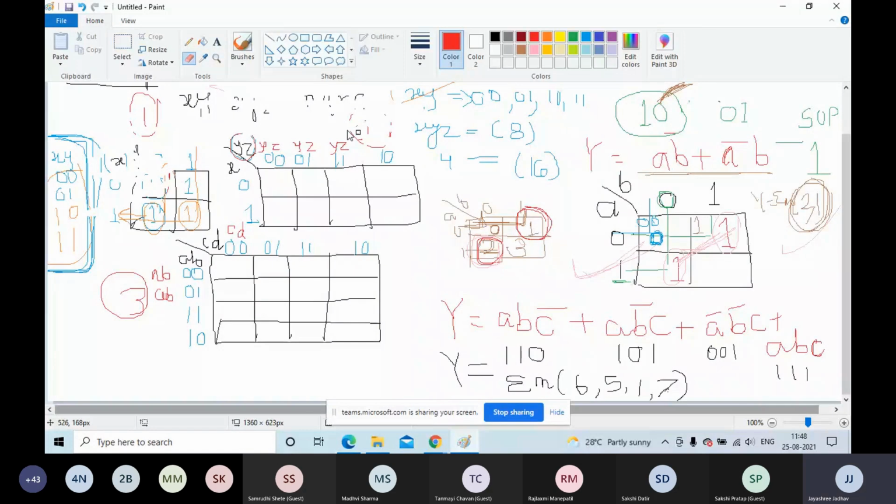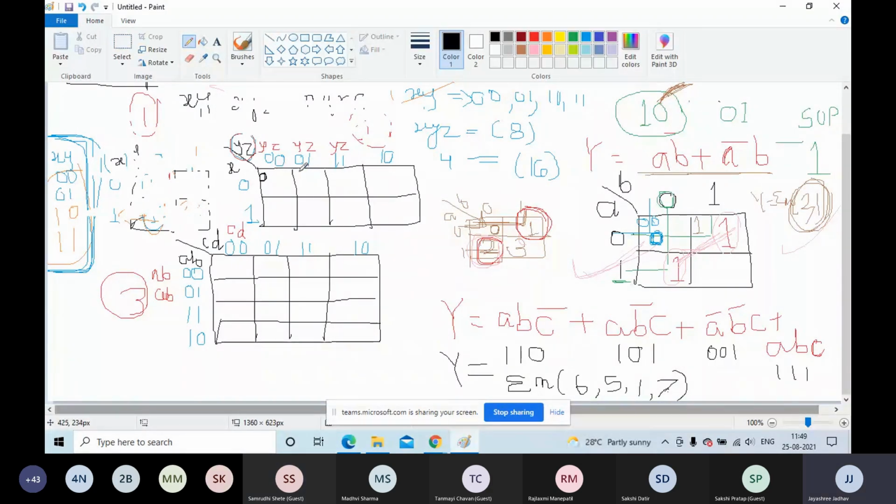Now you can tell me, this is 0 0 0. So what decimal will this be? You tell me, 0 0 0, what decimal will we get? 1. Sorry, 0. Correct, it's 0. Correct. 0 0 1, so what decimal did we get? 1.